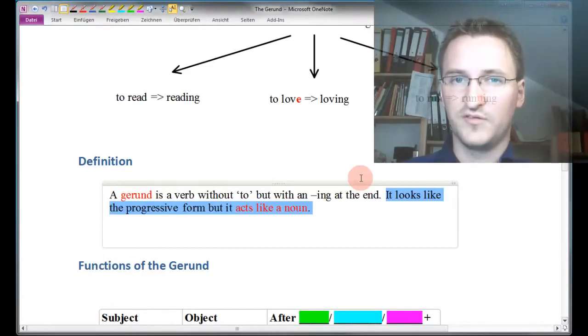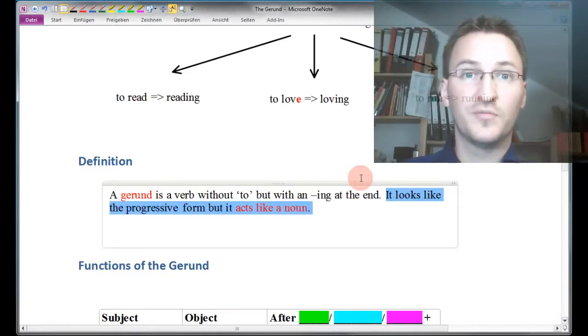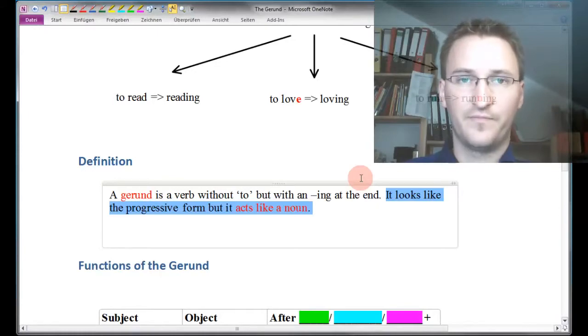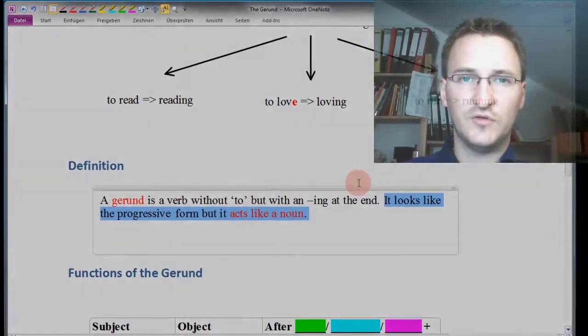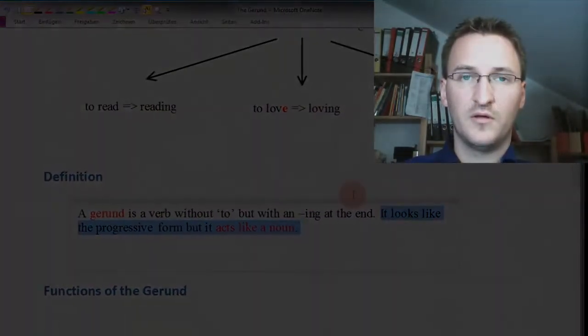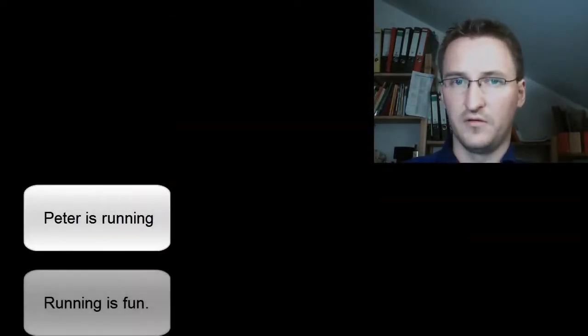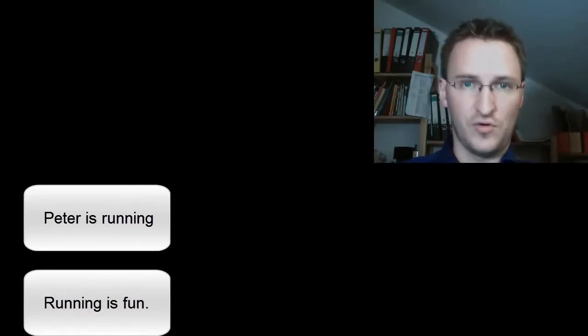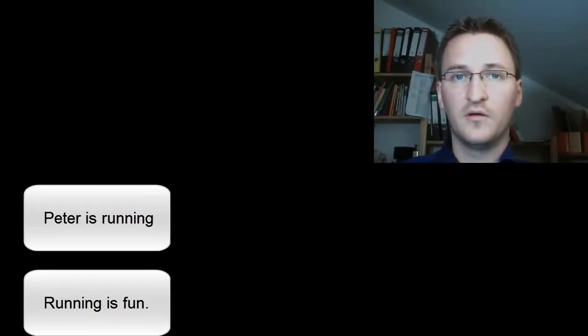There is a similar construction to the English gerund in German. It is called the substantiviertes Verb. Let's take a look at two sentences. Peter is running and running is fun. Peter is running is simply a progressive form, present progressive and not gerund. Running is fun, however, is the gerund.